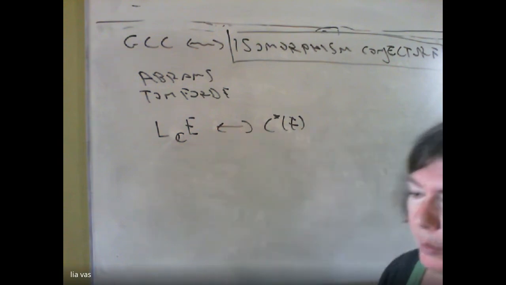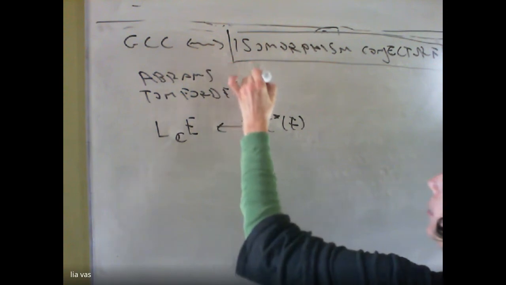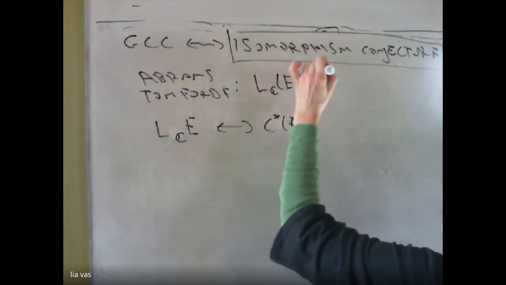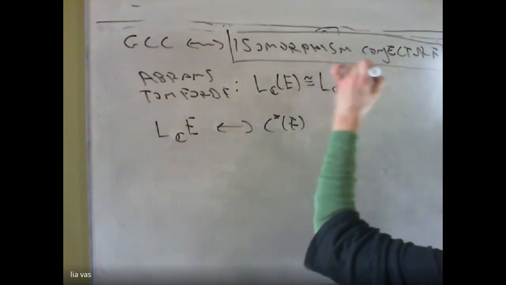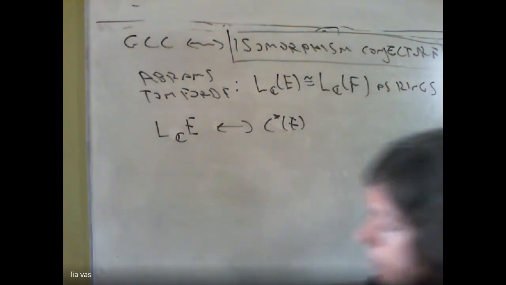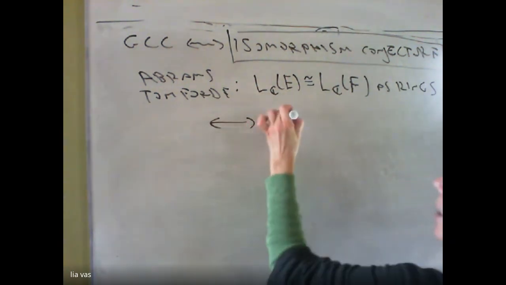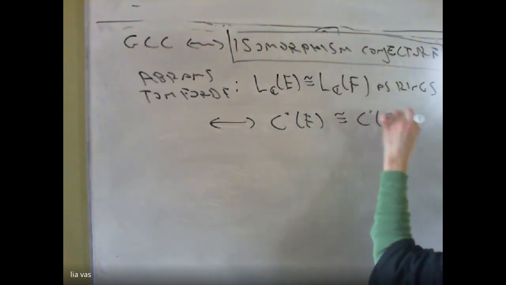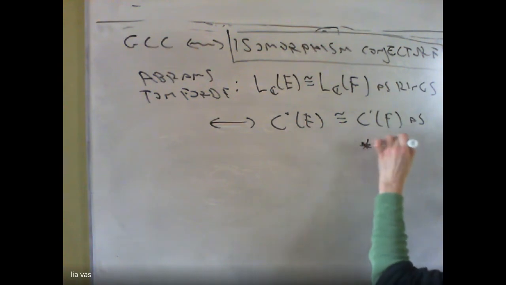So they actually asked whether two Leavitt path algebras, let's put them over complex numbers, are isomorphic as rings if and only if their graph C-star algebras are isomorphic as C-star algebras, so as star algebras in this case.